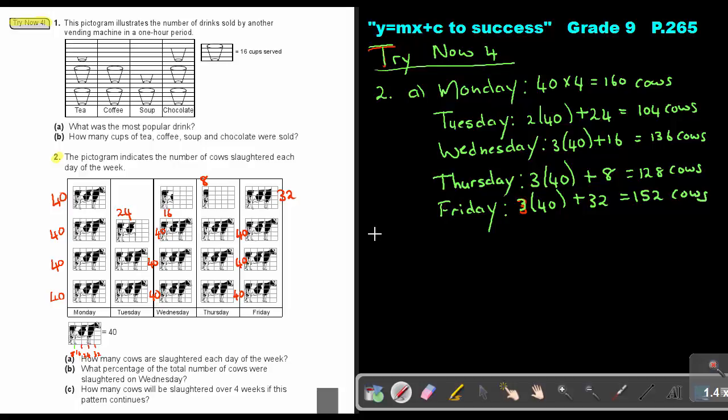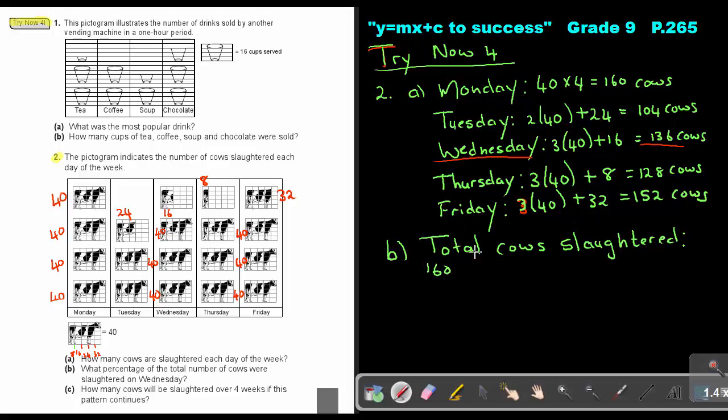Then the next one, number B. What percentage of the total number of cows were slaughtered on Wednesday? We first have to find the total cows slaughtered.